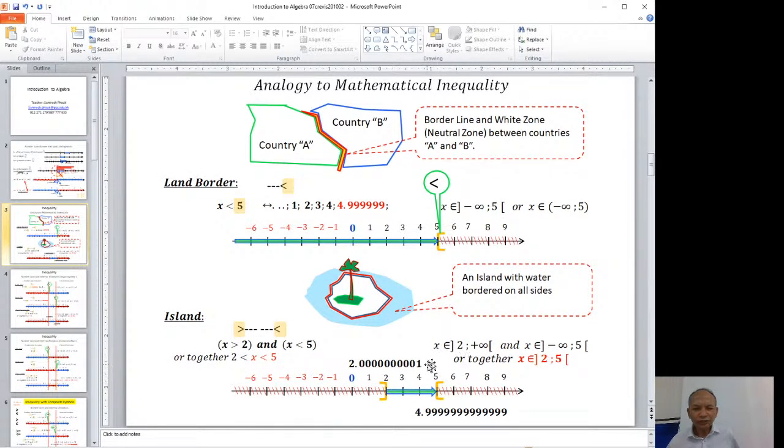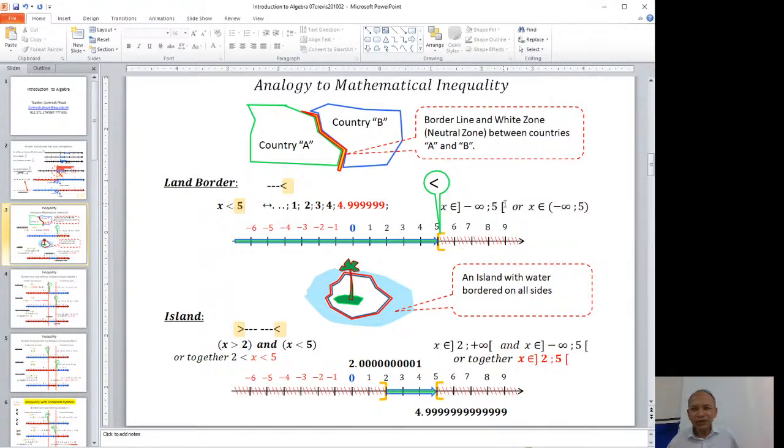So here above, it means that we go from the left here, -6, -5, -4, -1, 0, 1, 2, 3, 4, but not 5. Somewhere near 5, 4.9999999, but not 5.